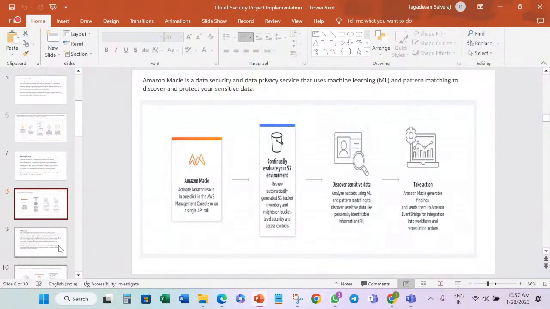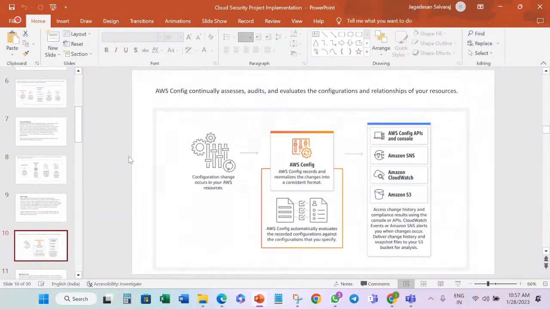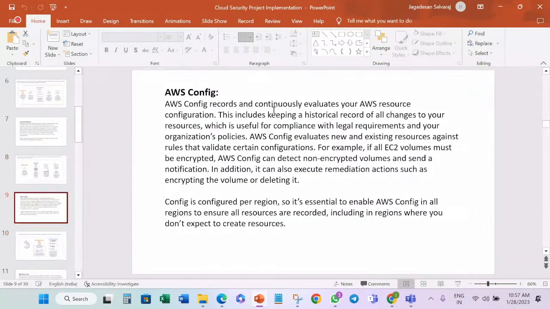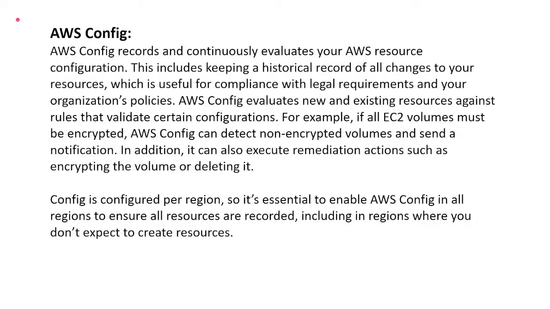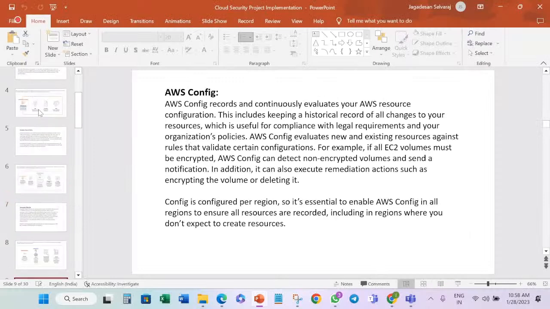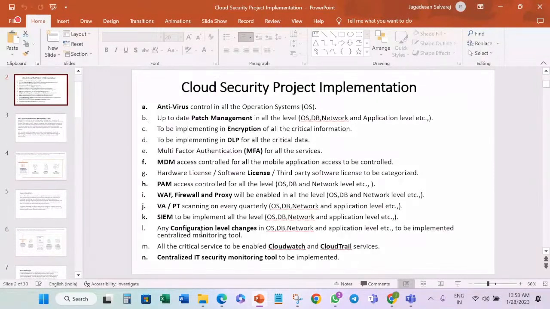We are running the service, and AWS Config is an inbuilt configuration service. If anybody touches anything in your environment, it automatically triggers a mail. If you change your application, any change that happens automatically triggers a mail.